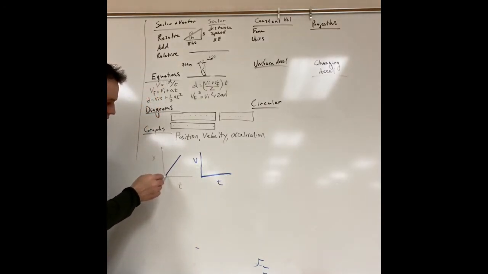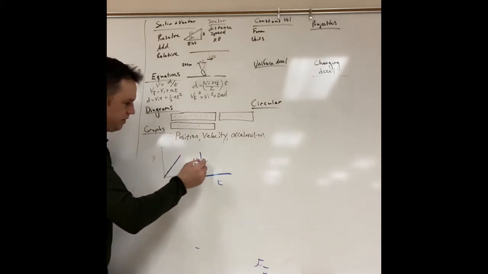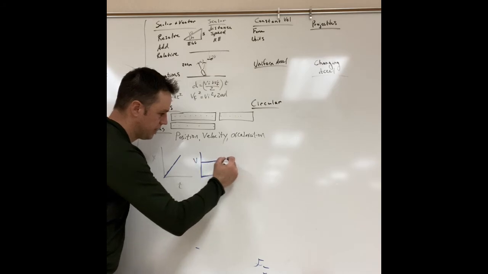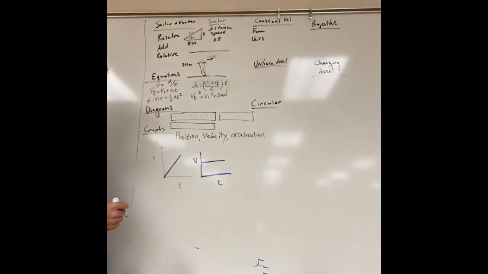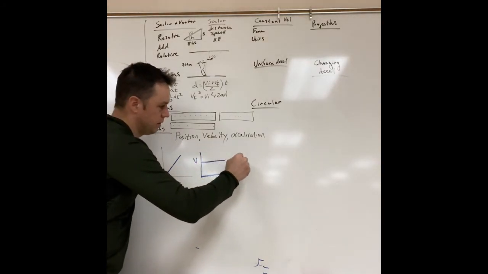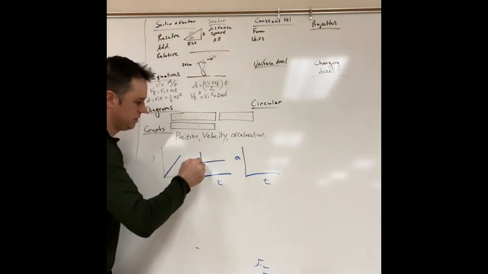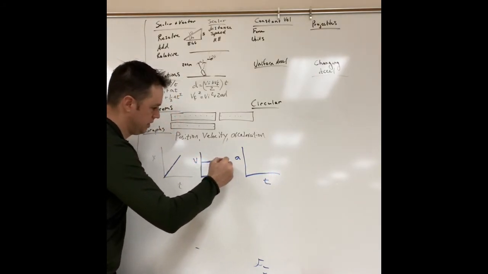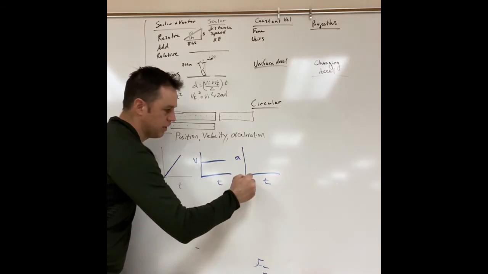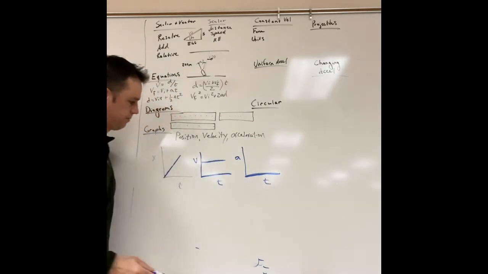Well, position is changing at a constant rate. So we just have a constant velocity. And then the acceleration is the rate of change of this. Well, this isn't changing at all. It's staying at, let's say, 12 the whole time. So that acceleration would be just 0.